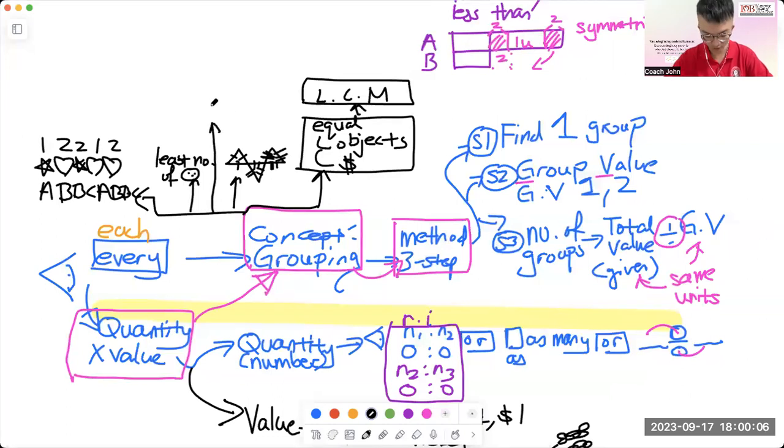And there's one more which requires you to use pairing, which is grouping as well. So for example, they give you a series of numbers, okay, and then you need to do pairing. And this is what we call the rainbow method. And take note, this works for even numbers.